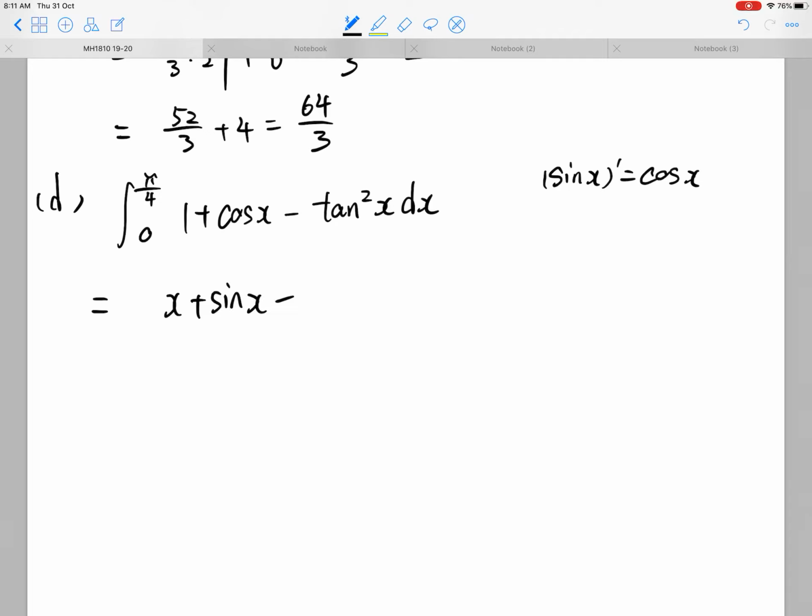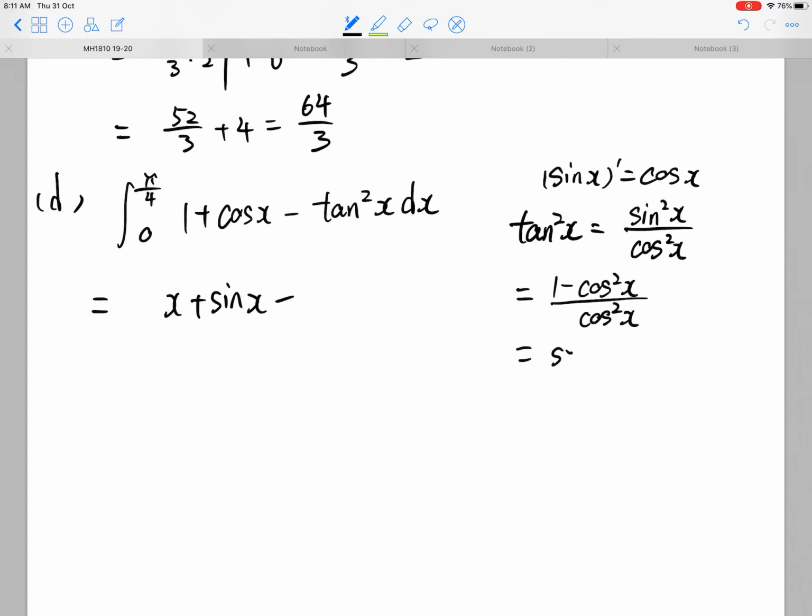And then, what about tangent x squared? Okay, it looks like there's no function whose derivative is tangent x squared, but for tangent x squared, we can change it. So tangent x squared is what? It is sine x squared over cosine x squared. Right, sine x squared is just 1 minus cosine x squared. So this part is secant x squared.